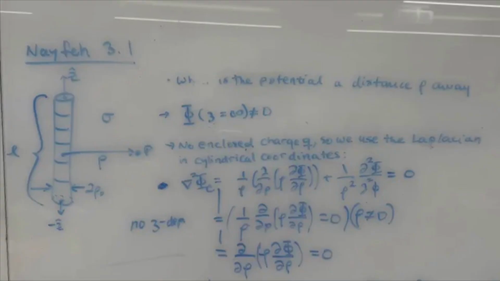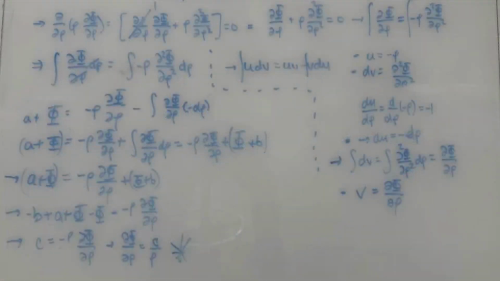In order to do that, we have to integrate quite a bit. And when we do this particular integration, we have to use our integration by parts method. And when we do that, we derive the fact that our potential should be equal to some constant over rho, my apologies, the first derivative of phi should be equal to c over negative rho.